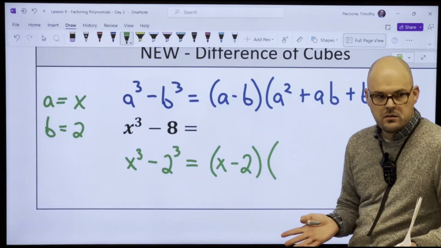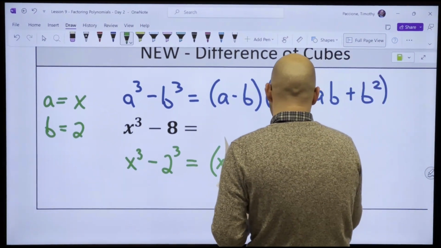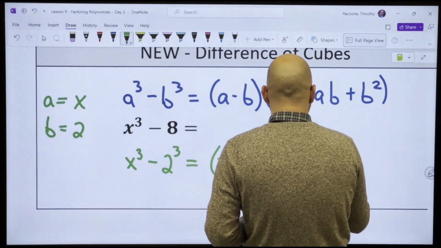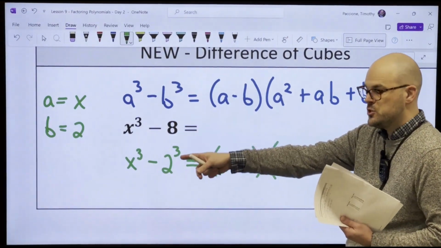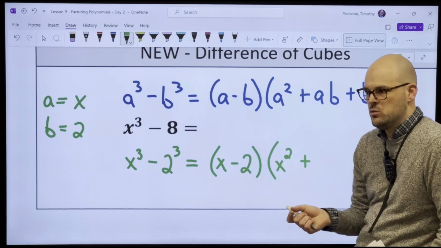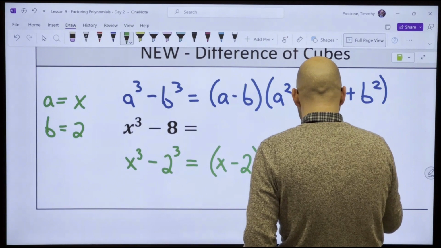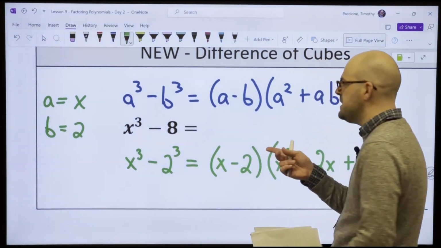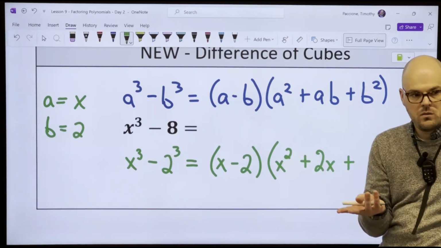What's my a? x, so I put x squared. Then plus a times b. My a is x, my b is 2, so we always just write 2x. So you put plus 2x, and then b squared. What's my b? 2 squared, which is 4.